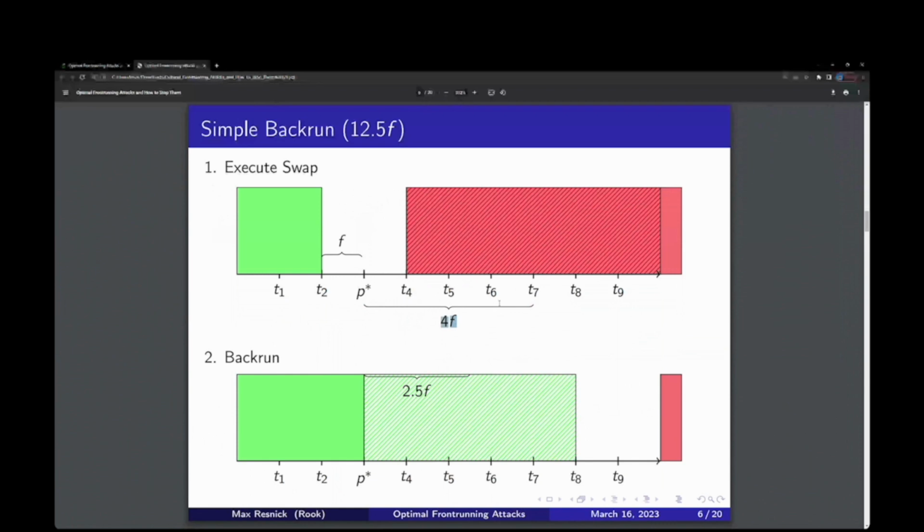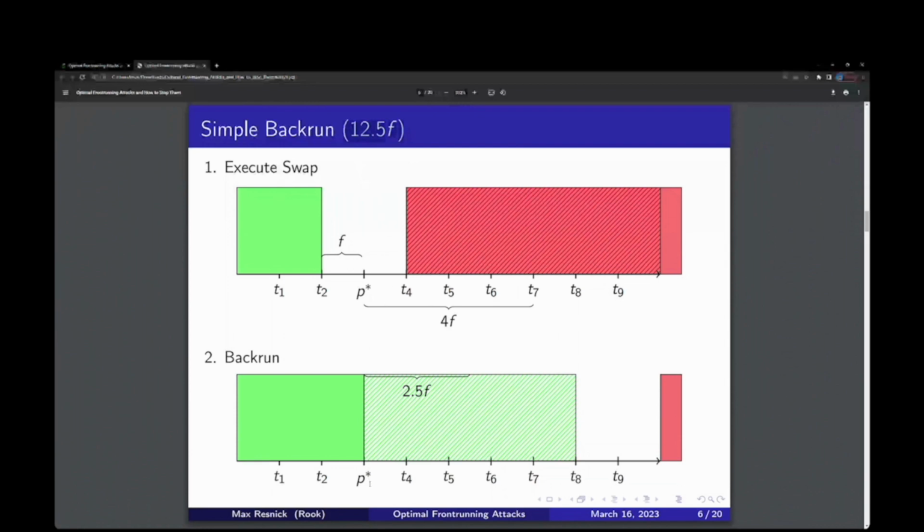Then the back run happens by the searcher. They back run 5 units, and their average premium is 2.5F. So if we multiply 2.5F by 5, because it's 5 units at an average of 2.5F, that's a 12.5F profit for the searcher.